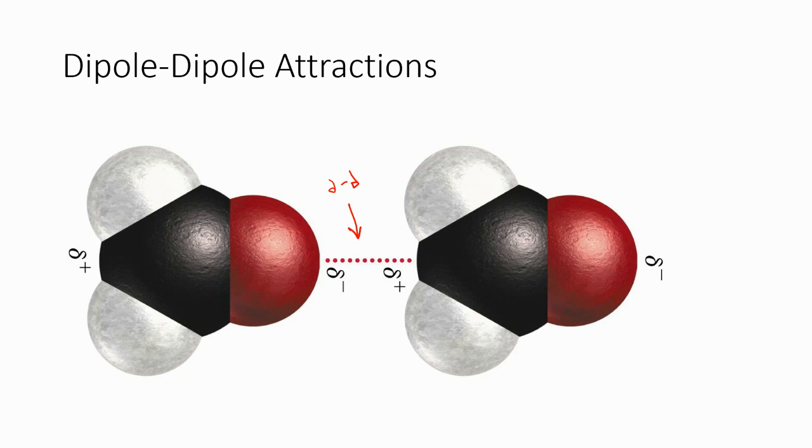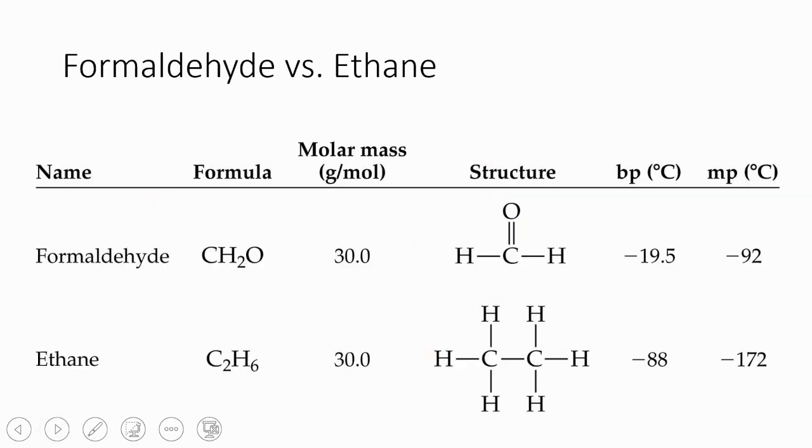And they would all be lining up with their positive ends towards the negative ends of a separate molecule. So while we only show two molecules, the truth is it's going on in countless numbers of molecules that make up a particular sample.